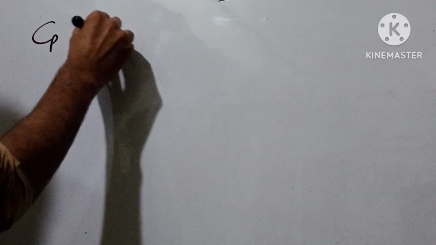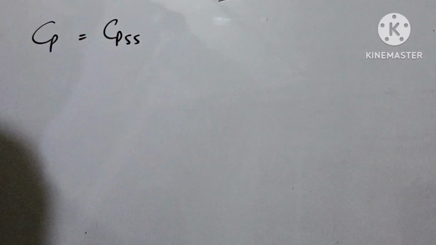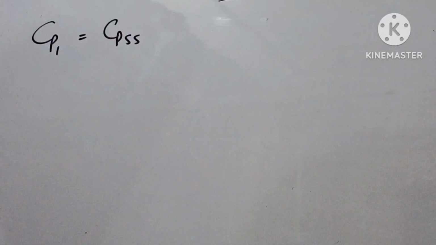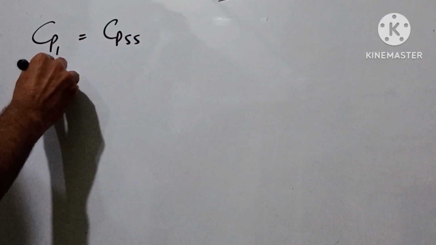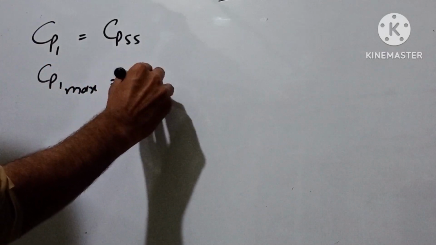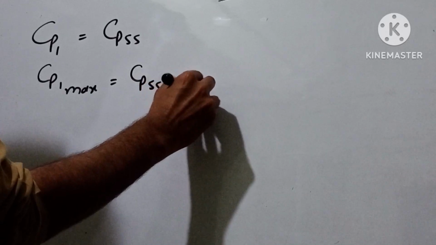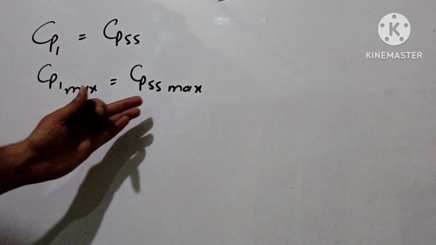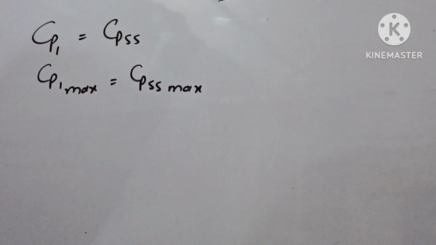So for this, we have CP1 equal to CPSS. It means CP1 max is equal to CPSS max, and CP1 min is equal to CPSS min.